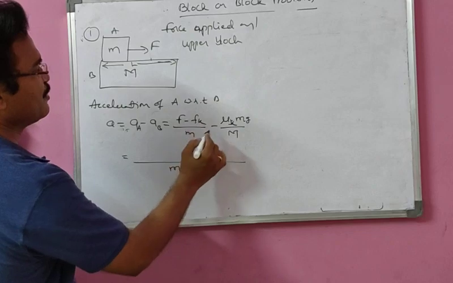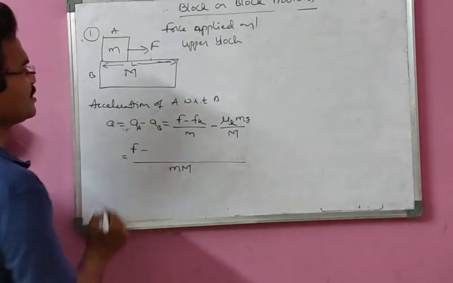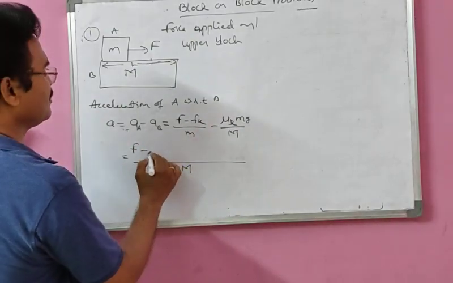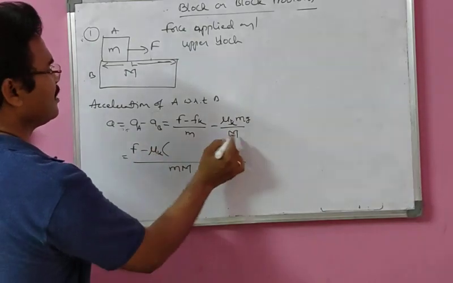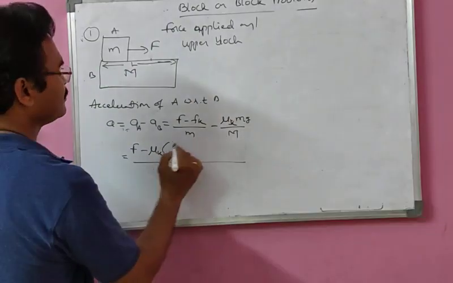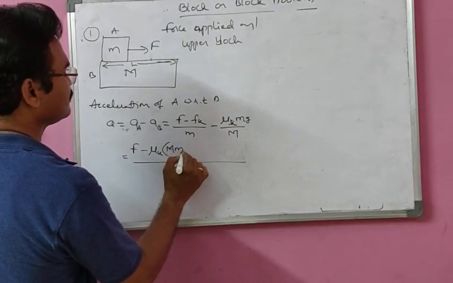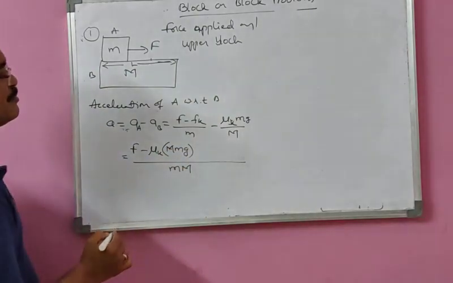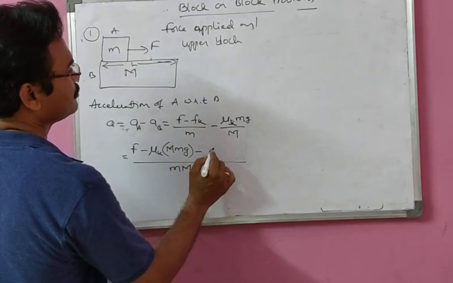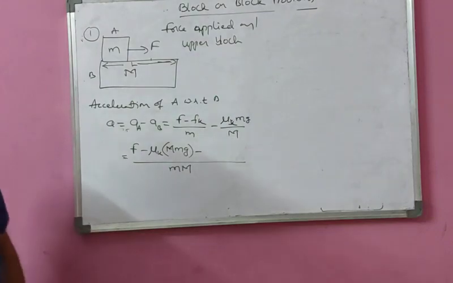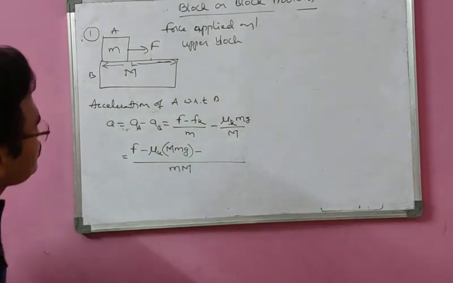So in place of mu k, we can write F minus mu k of mg.